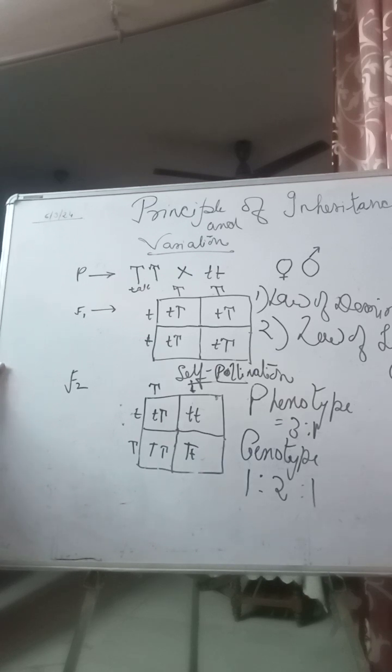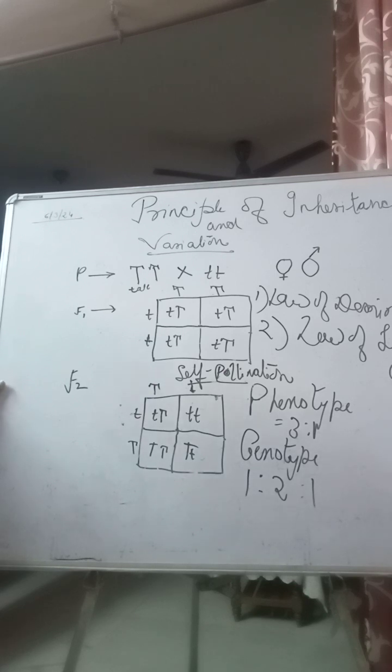That is, all the progenies, all the four plants derived after the cross-pollination in the dihybrid cross, and after the self-pollination. In the first cross, the dominant pair will be more. But after self-pollination, in the F2 generation, what you get is 9:3:3:1.